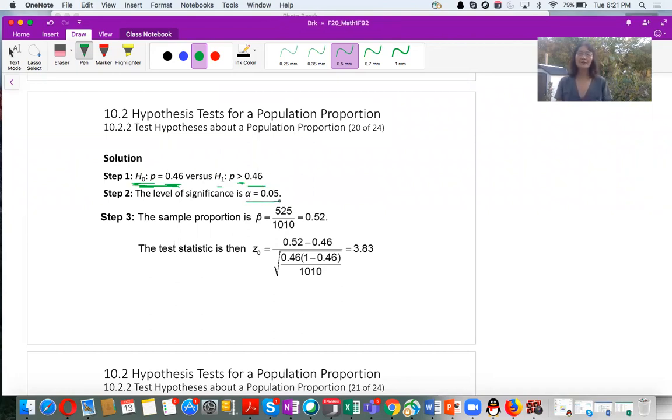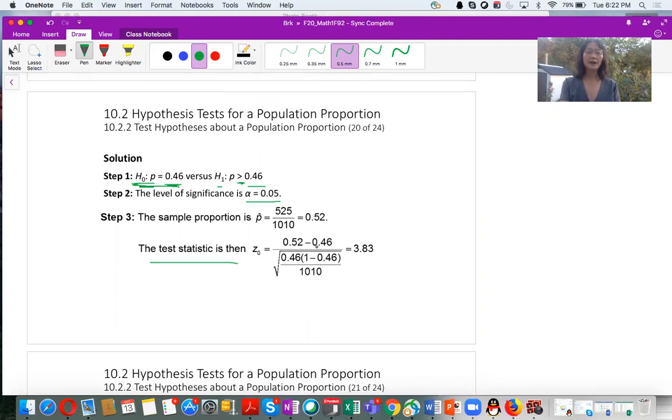Step 3, calculate the test statistic. To calculate the test statistic, you need the sample proportion p hat. P hat equals X over N. You get 0.52.